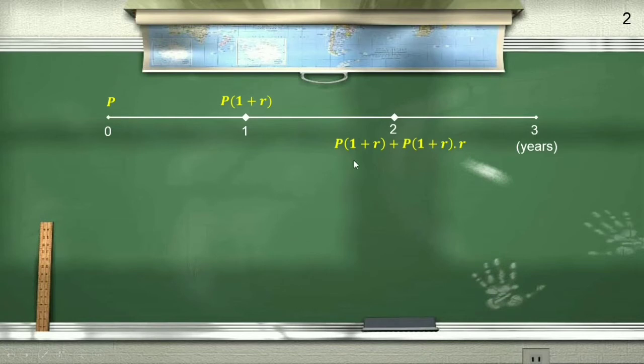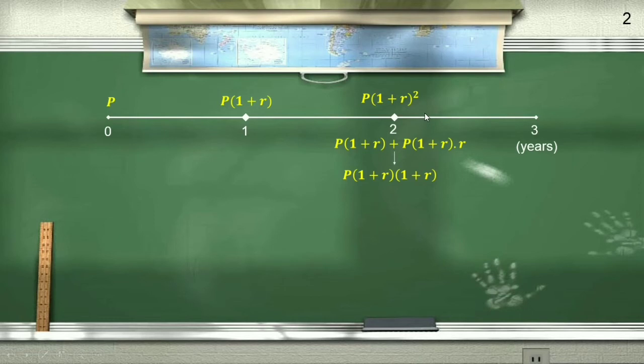Remember, this value is our capital from the first year. And when we do factorization, this term becomes P times 1 plus R times 1 plus R. By exponential properties, this term becomes P times 1 plus R to the 2.